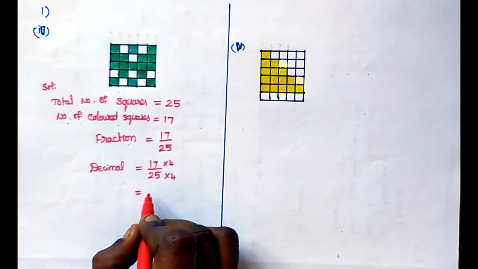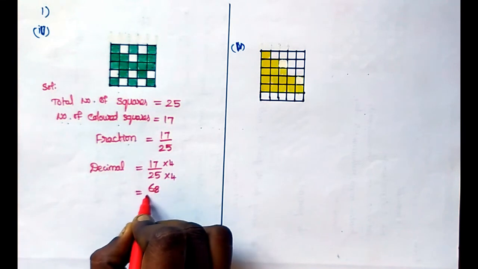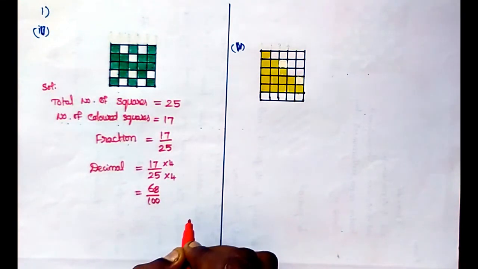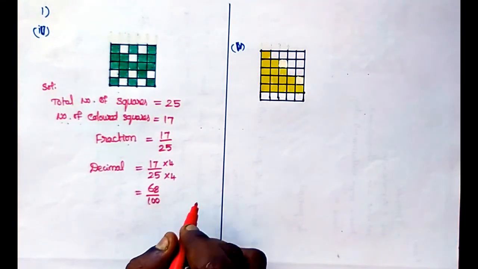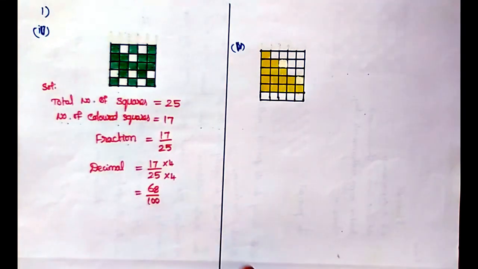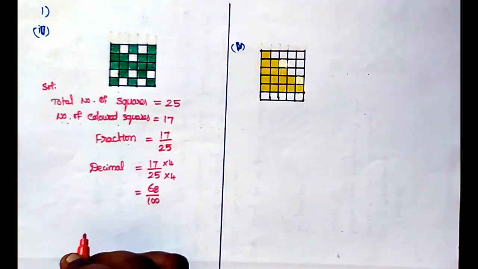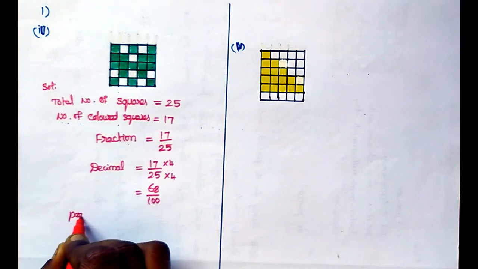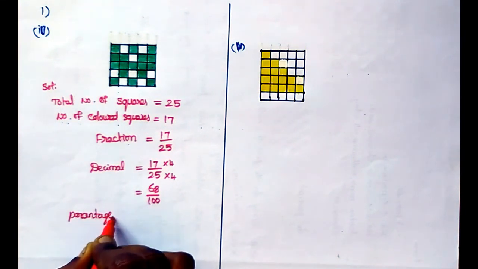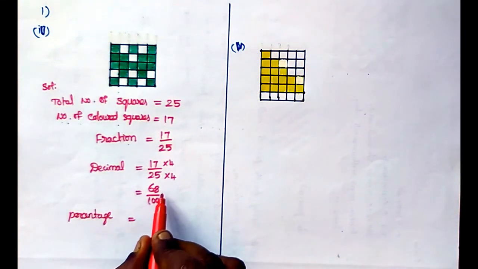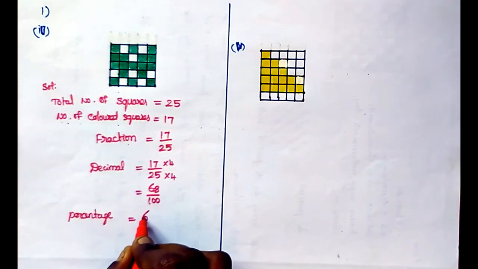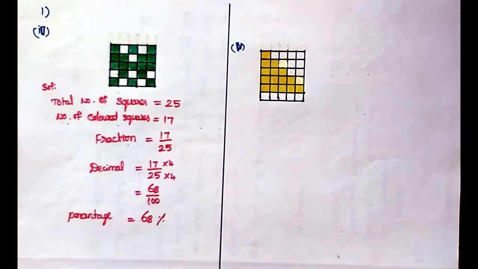So 17 4s are 68 divided by 100. We can write it in percentage, that is 68 divided by 100 means 68 percent. So that is the answer.